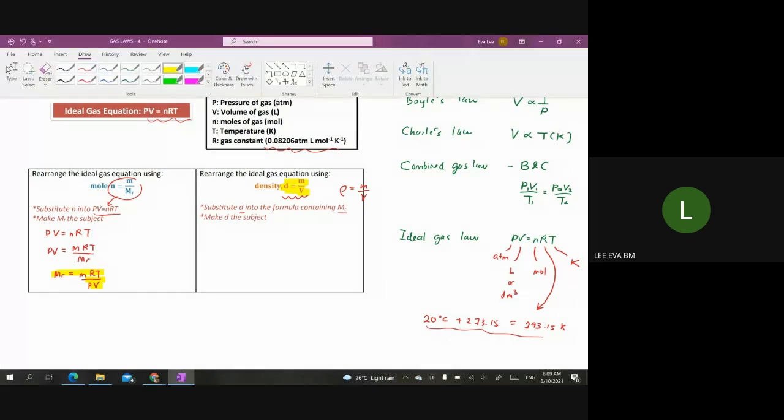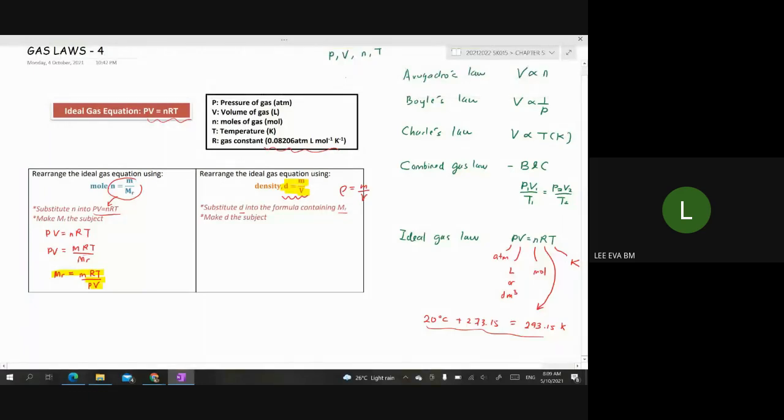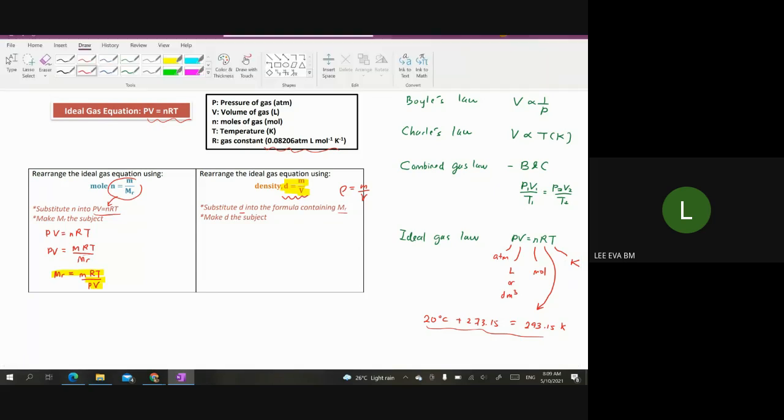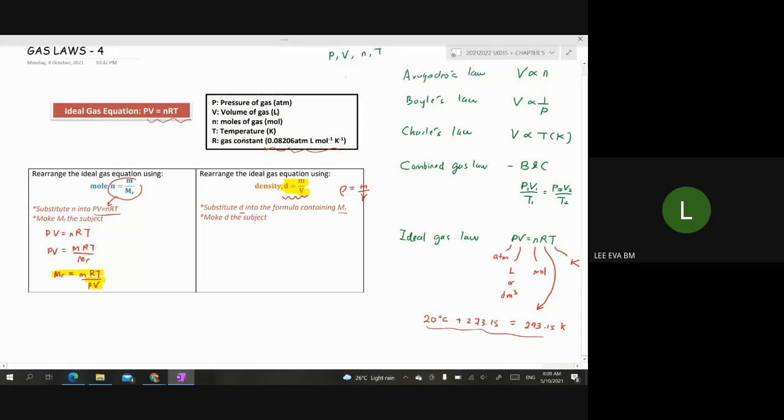So in the formula with molar mass, can you see m over V? Nampak tak m over V dalam formula dekat sini? Ada kan? Kita ada m, ada V. So now we try to rearrange a little bit.